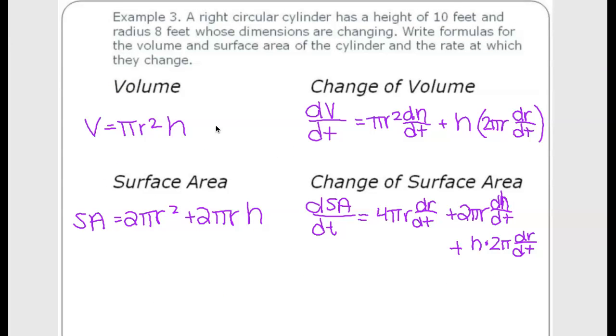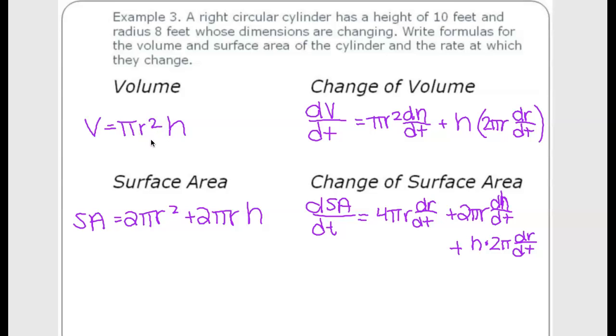Okay, volume of a cylinder and surface area of a cylinder. Once again, we're going to be using our volume and surface area formulas a lot and taking their derivatives a lot. Now, cylinders become a bit of a pain because what do you know about a cylinder?